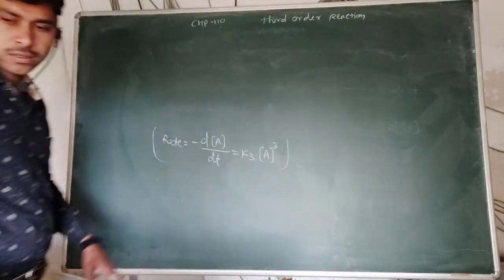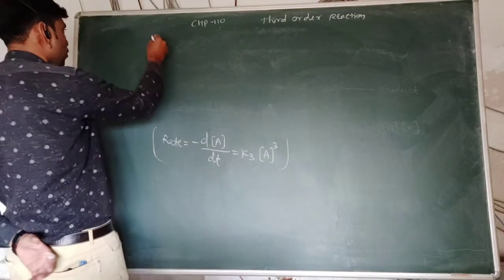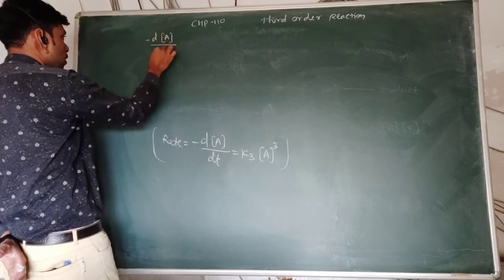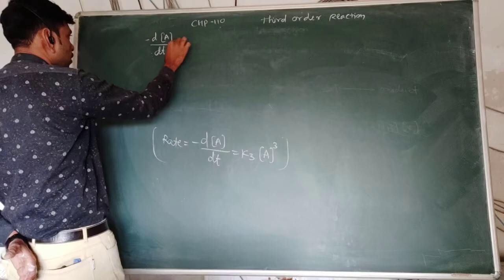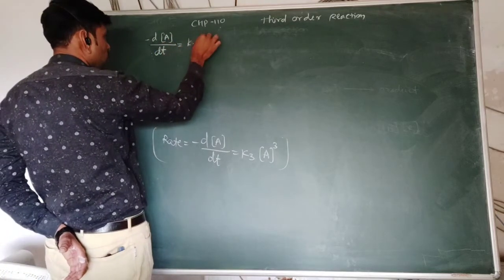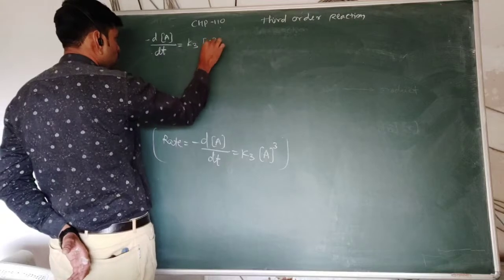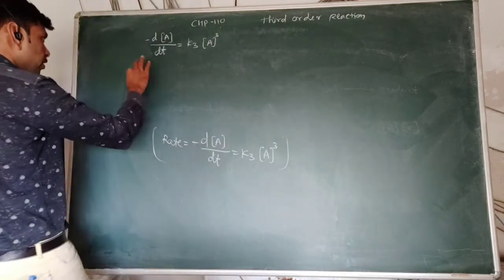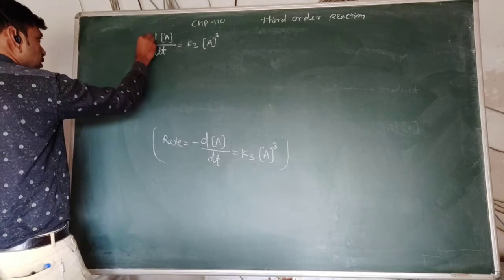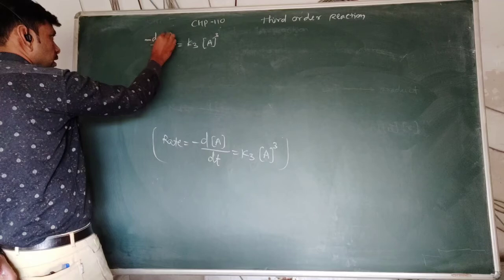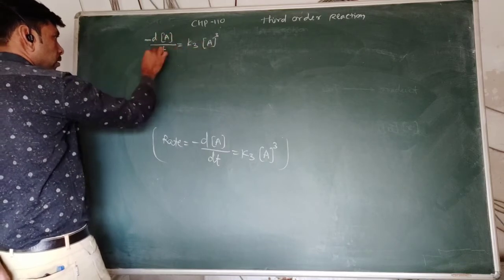The rate, that is minus d concentration of A by dt, equals K3 into concentration of A cube. Now rearranging this equation by making the variables separate, keeping A variable on the same side.